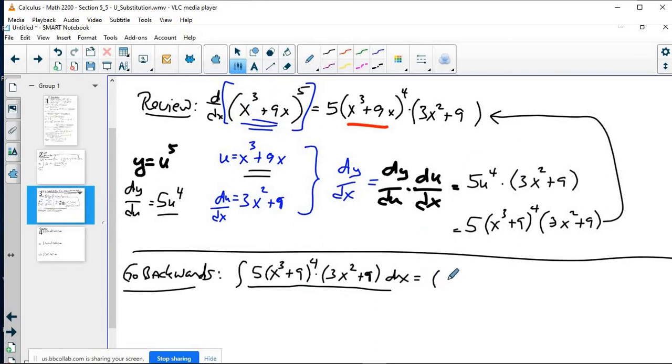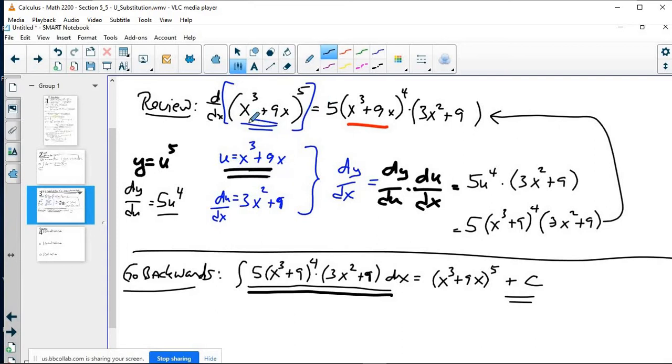This would be x to the third plus 9x to the fifth, and then of course plus c. We always have to have that. But that's only because I already figured this out and started with this. Normally I'm not going to have that, and that's not really even fair. So there must be a way of working backwards, and the way that we work backwards is we think of the u idea.